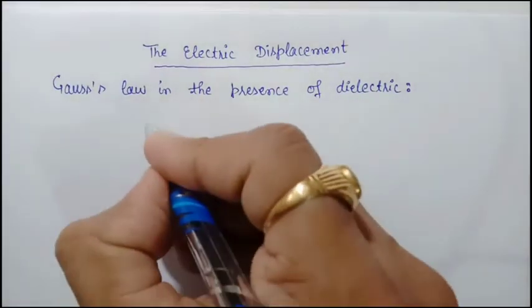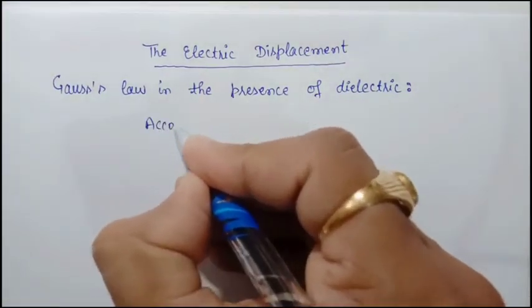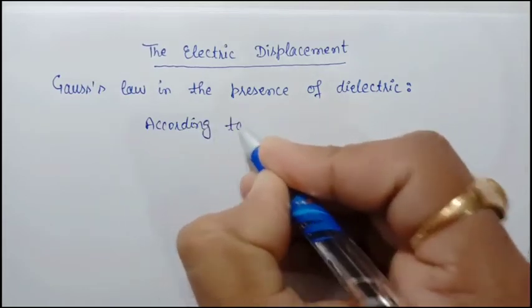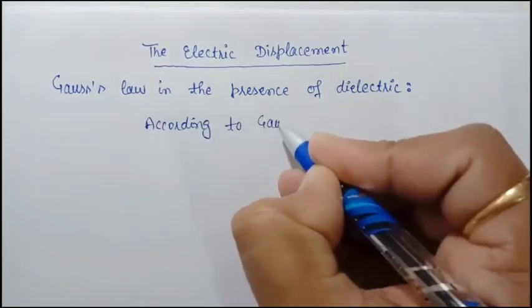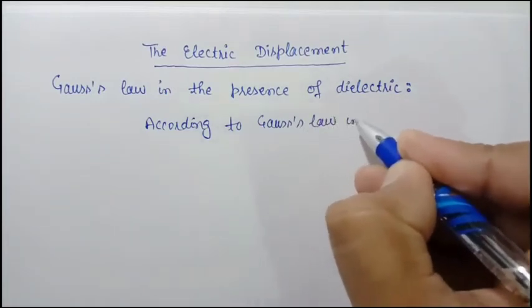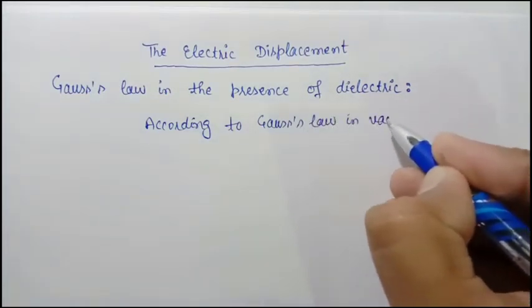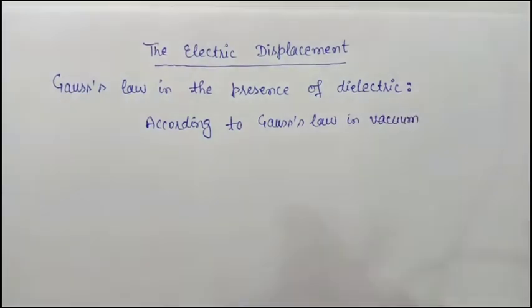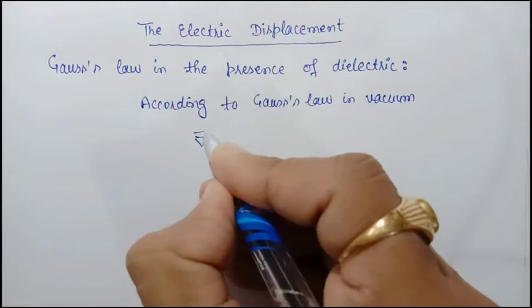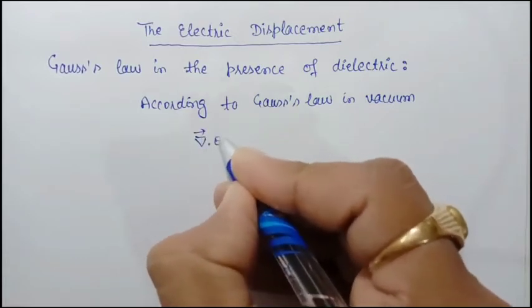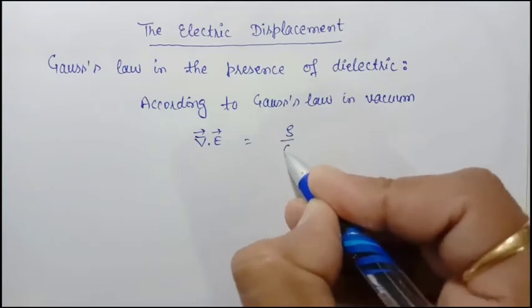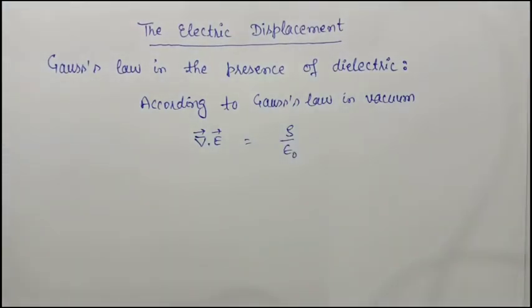So as we know, according to Gauss law in vacuum, del dot E is equals to rho over epsilon naught.